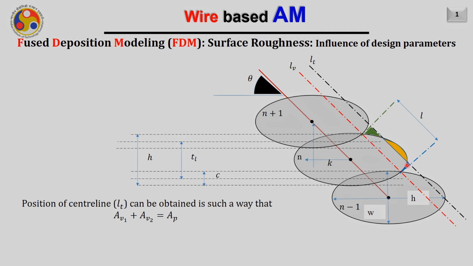And this blue color area is corresponding to this blue color line, which is nothing but the perpendicular to the red color line at this intersection point, and the black color line and the elliptical curve corresponding to the bead deposited at the nth layer. So just by simple integration you can easily find these areas.